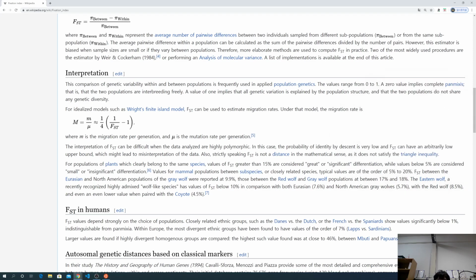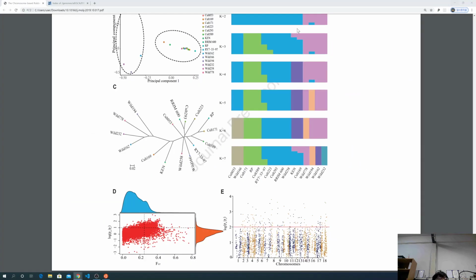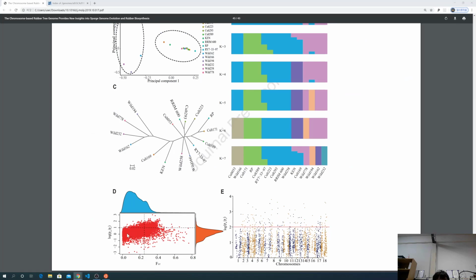So between two populations, this would be complete random mating, but many show more than zero.